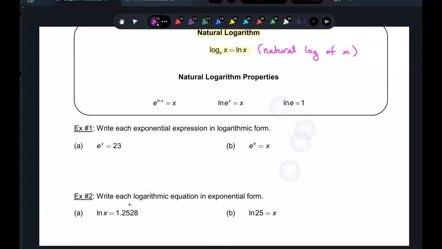Remember, you can have a log with any base. Let's say I had log base a of b equals x. We could change this to a to the x equals b. So if I said natural log of a equals x, what would we write? e to the x would be equal to a, because the little invisible e base becomes the big base.